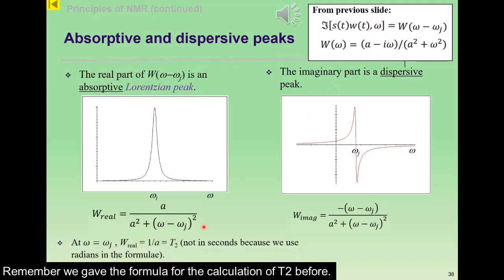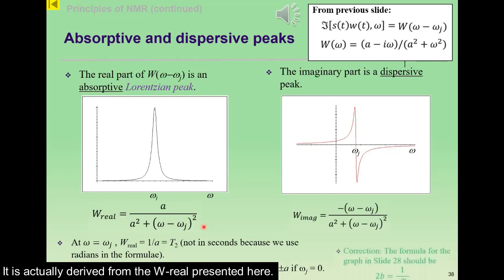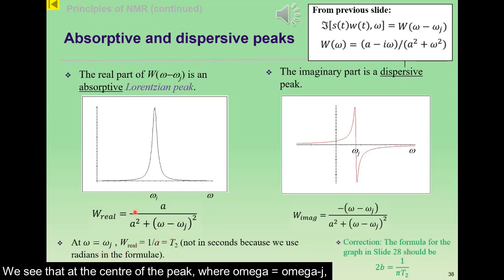Remember, we gave a formula for the calculation of T2 before. It is actually derived from the W real presented here. We see that at the center of the peak, where omega equals omega j, W real is equal to 1 over A, because omega minus omega j equals 0.